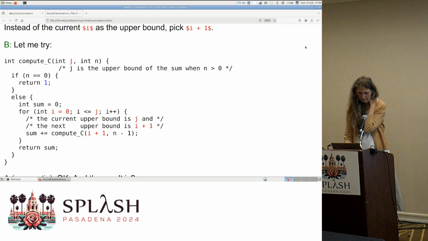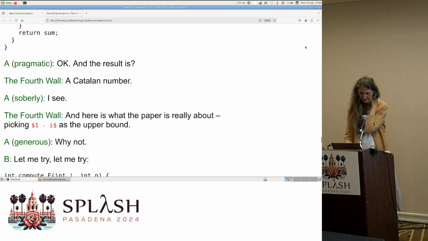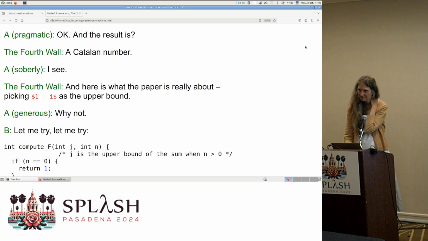Sum plus equals compute C of i plus 1, n minus 1, and return sum. Okay, and the result is? A Catalan number. I see.